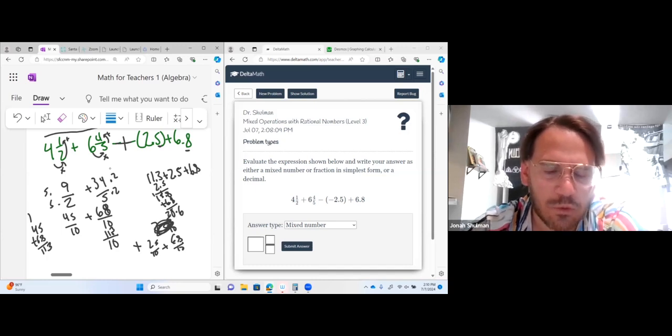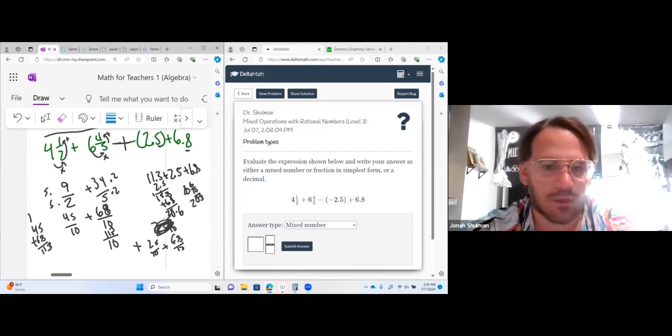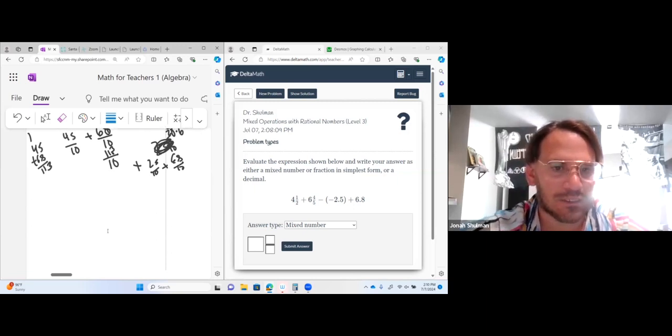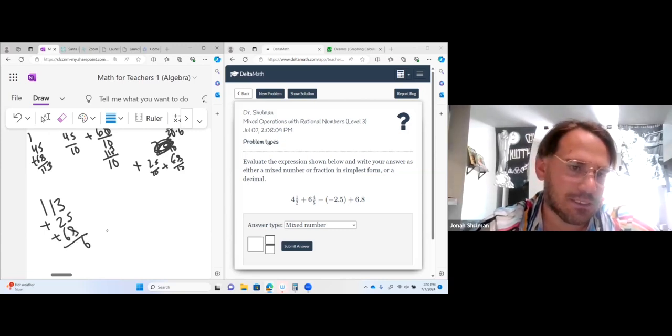So I have 20.6, so it's 20 and 6 tenths, or 20 3/5. That's one way to do it. Now, if I add these fractions together, you'll see it's the same thing. 113 plus 25 plus 68. 8 and 8, that's 16, carry the 1. 6, that's 9, 10, carry the 1. Boom.